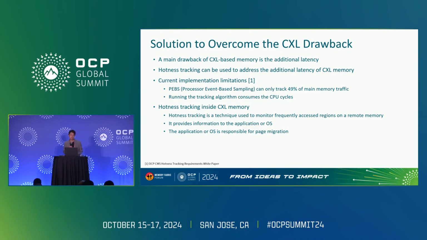So this CXL-based memory system offers a significant benefit, but it faces a fundamental challenge, the additional latency. We believe that implementing hotness tracking can help mitigate this issue. But current tracking algorithms like PBS have some notable limitations. They can track only about half of total memory traffic and also consume lots of CPU cycles.